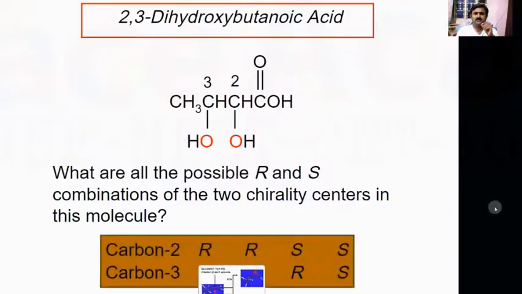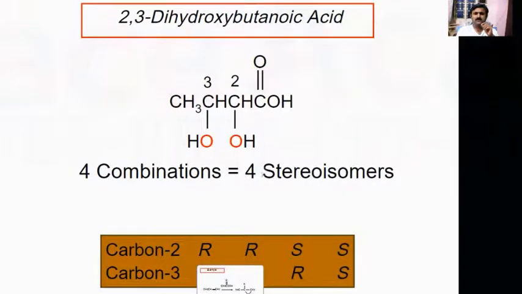Carbon 2, carbon 3: R,R; S,S; R,S; S,R. See, one more 2,3-dihydroxybutanoic acid. Here there are 4 combinations, 4 stereoisomers.